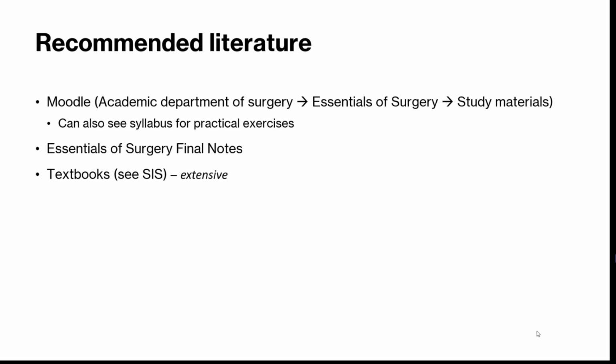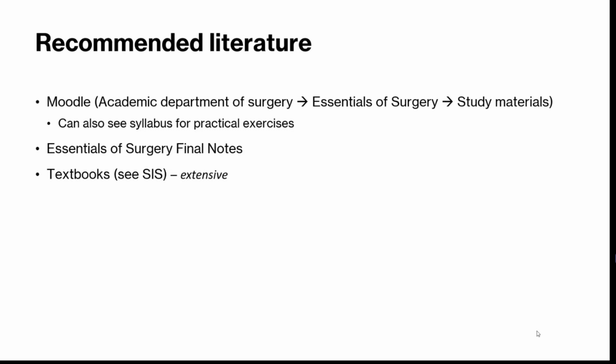As for the recommended literature, to be honest, since attendance is the only credit requirement, it is not really necessary for you to extensively go into the subject, but there is a Moodle course for Essentials of Surgery. It is highlighted in the text there, and you can also see the syllabus over there for practical exercises that you will have in subgroups.